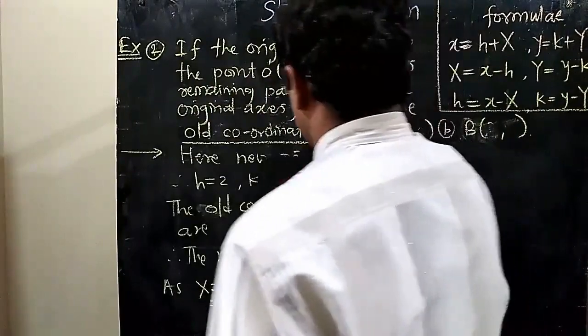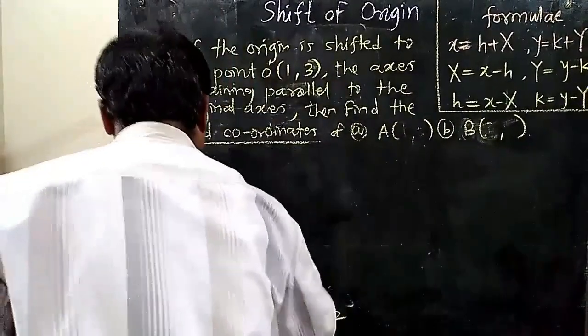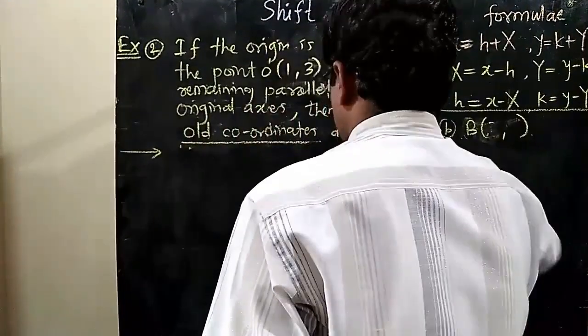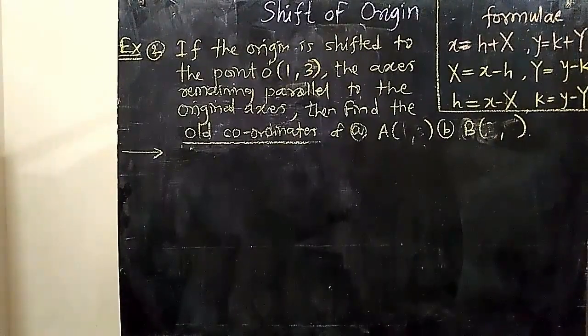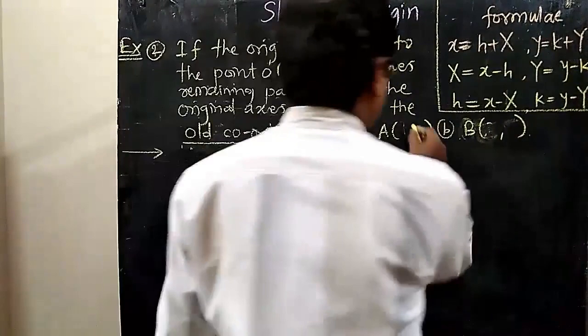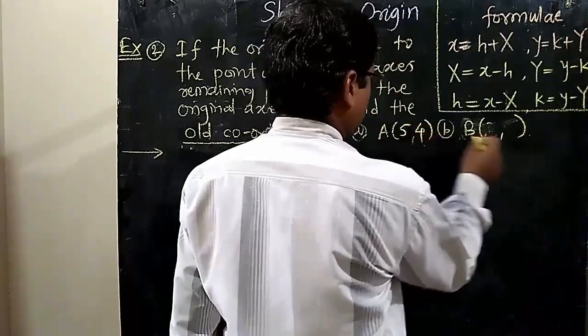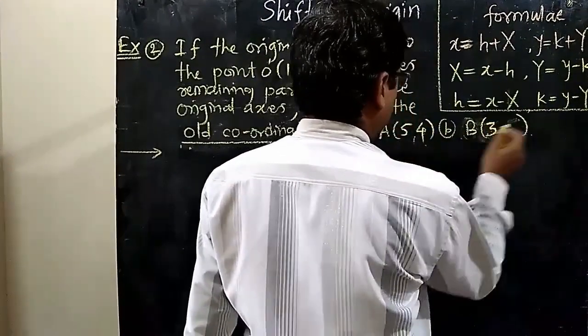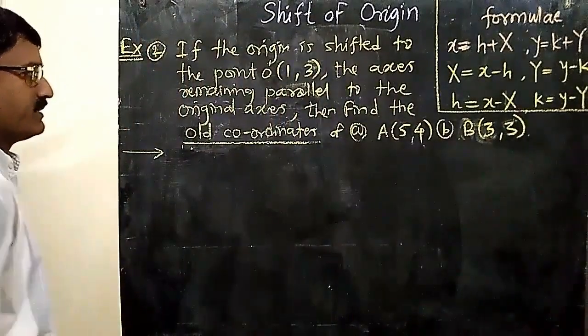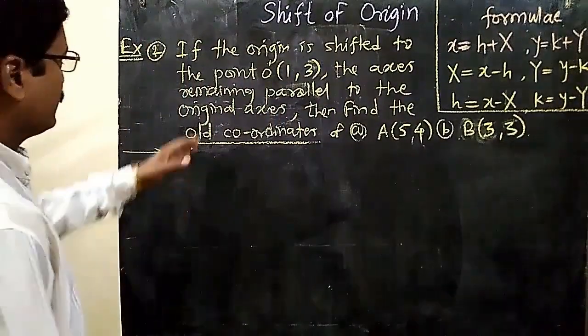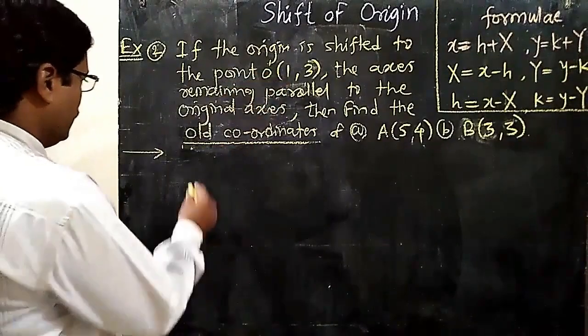We will rewrite the answer. Here point A is 5, 4 and B is suppose 3, 3. Then the same origin is shifted to 1, 3.